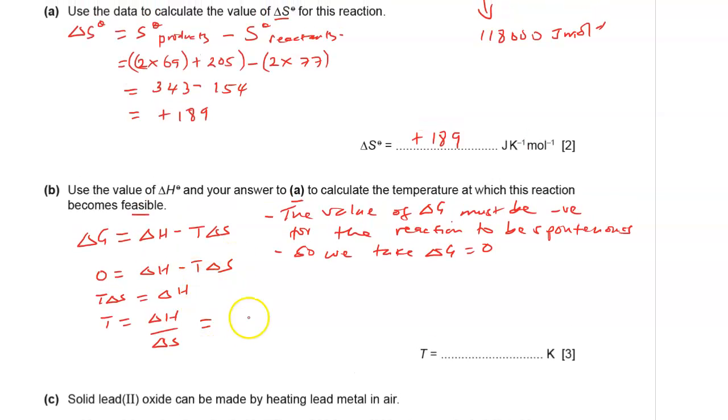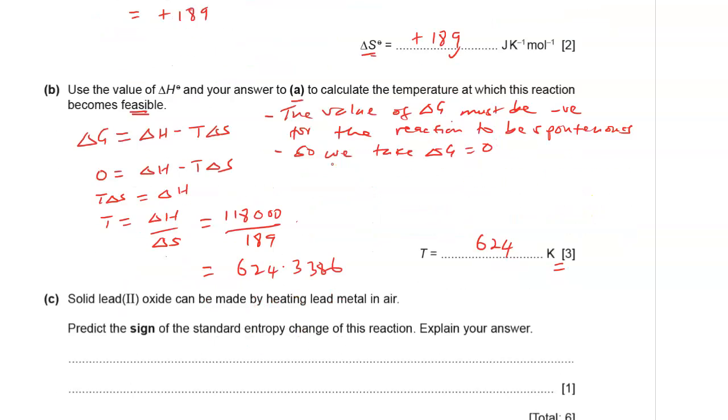So then, of course, this will be 118,000 divided by the entropy change here, which is 189. Correct evaluation will give you 624.3386, and therefore T will be approximately 624 Kelvin for the reaction to become feasible, for the reaction to be spontaneous.